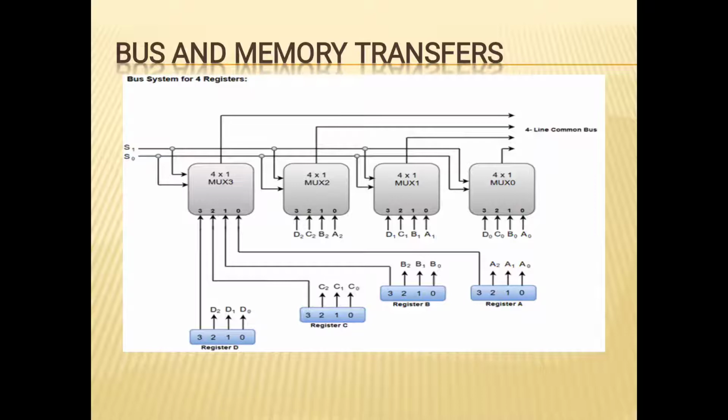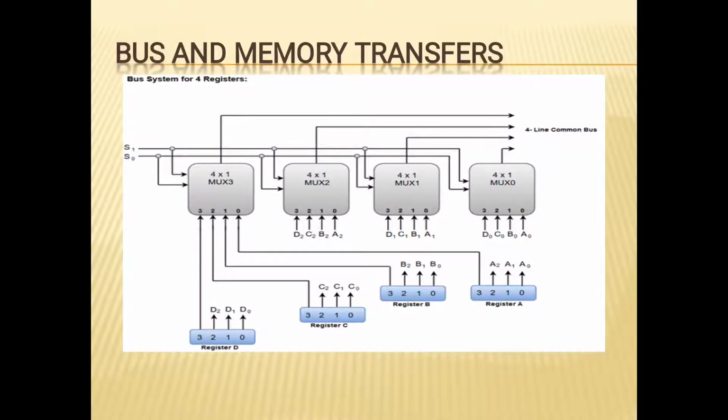Whenever we use a multiplexer, we know that it also has select lines, with 2 power n equal to m, where m is the number of input lines and n is the number of select lines.